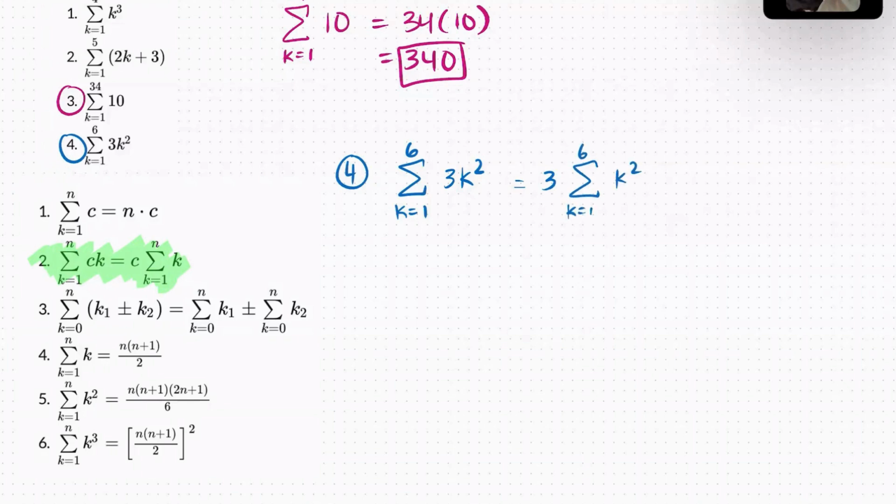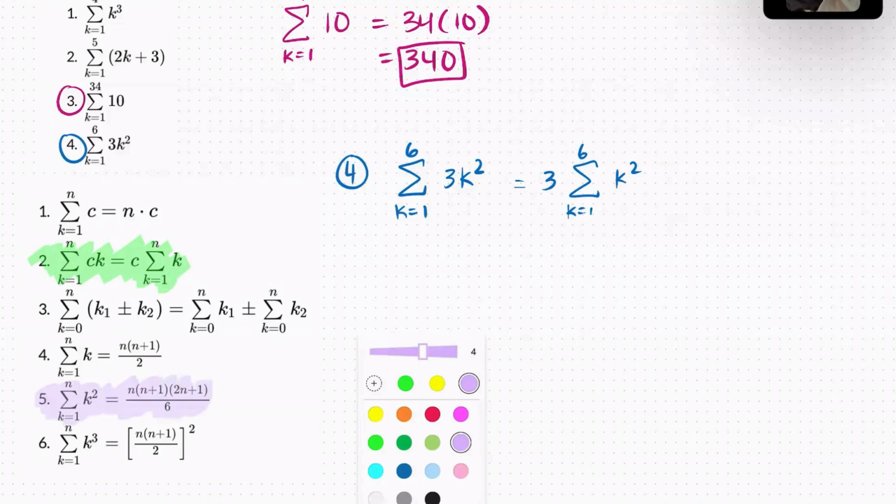And then I'm going to apply the formula for k squared, which for some reason is the ugliest of them all. There are proofs for these. I can find them for you if you're really interested. I figure we have enough things to learn in this class right now.